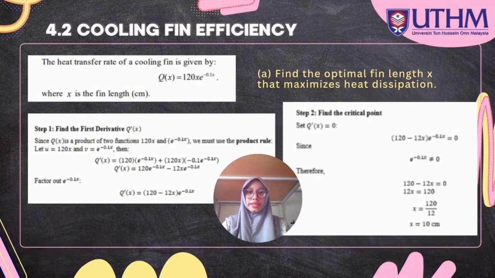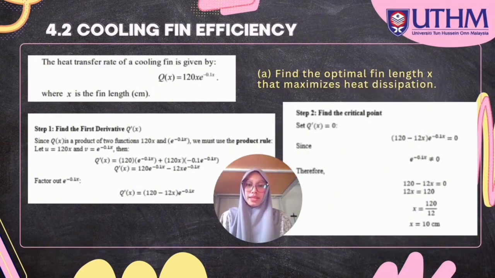Then we substitute into the product rule, which is q prime of x equals 120 times e to the power of negative 0.1x plus 120x times negative 0.1 e to the power of negative 0.1x. Then we simplify it to become q prime of x equals 120e to the power of negative 0.1x minus 12x times e to the power of negative 0.1x.